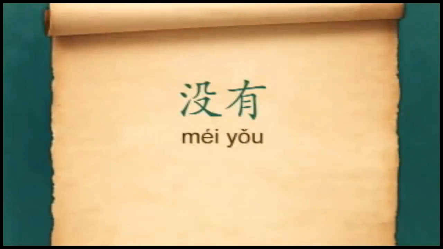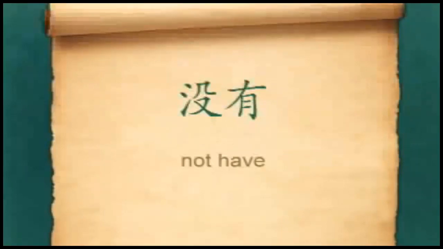The negative form of the verb 有 meaning to have is 没有. 没有 means to not have and is pronounced with the second and the third tones. Listen. 没有没有没有. Repeat after me.